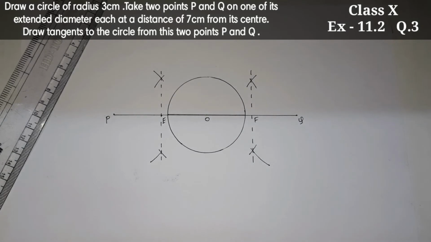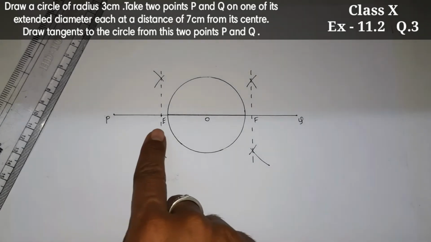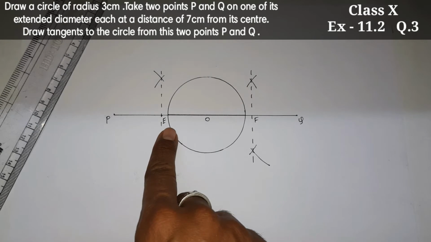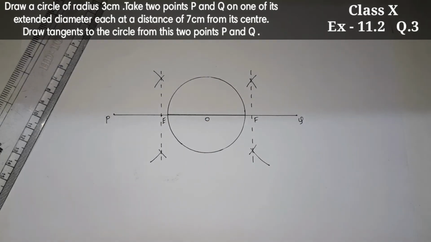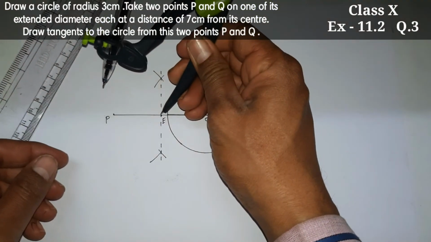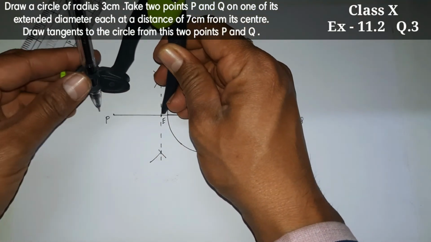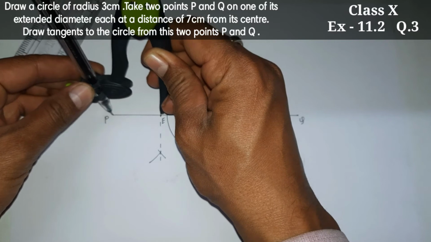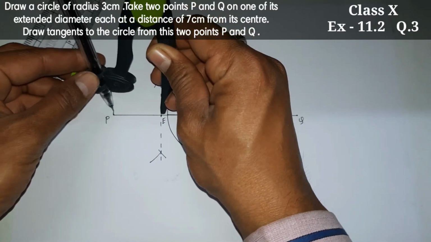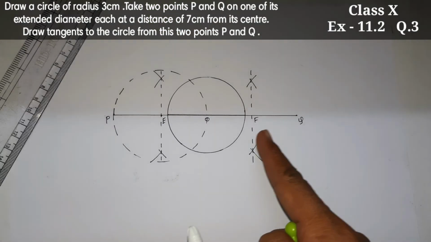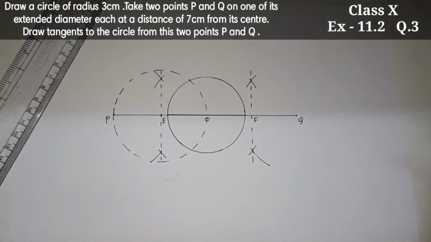Now I will draw two circles taking E as a center and OE or PE as a radius. I will be drawing it as a dotted circle. Then I will be taking OF as a radius and F as a center.